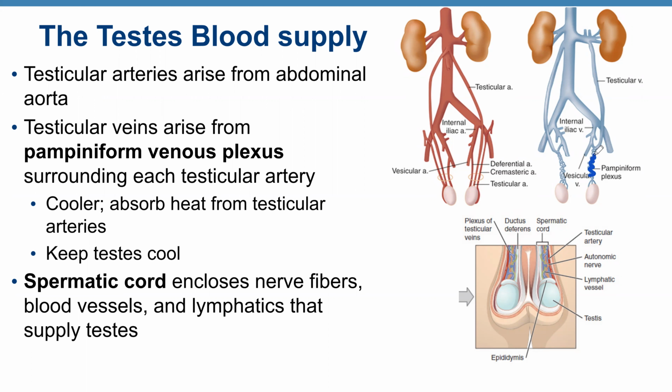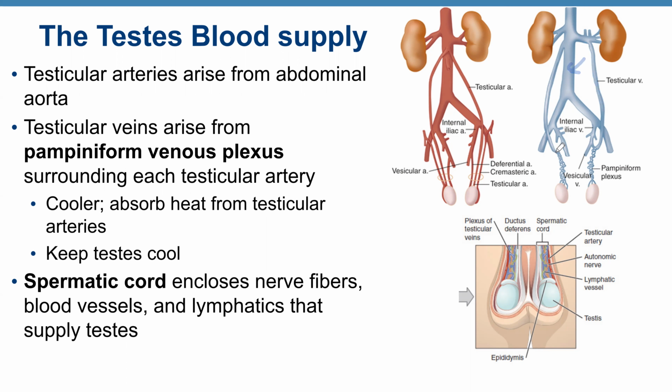Plexus just tells you we have lots of blood vessels that are interconnected, making a network of blood vessels. So plexus is a network. It can be a network of blood vessels, a venous plexus for example, or it can be a nerve plexus, but the word plexus means network. So we have this pampiniform plexus and then testicular veins that arise from this plexus and bring blood to the inferior vena cava.